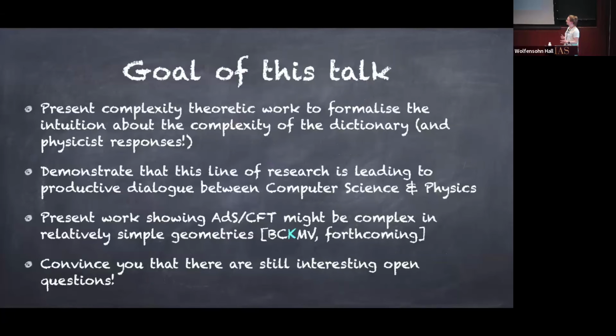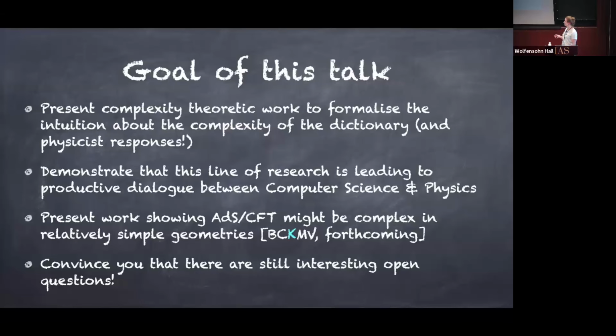And the overarching goal of this talk is to, first of all, present some complexity theoretic work to try and formalize the intuition about the complexity of the dictionary, and also give some summary of the physicist responses, and I hope I'll do justice to the physicist point of view as well. And I'm going to attempt to demonstrate that this line of research is leading to a really productive dialogue between computer science and physics.